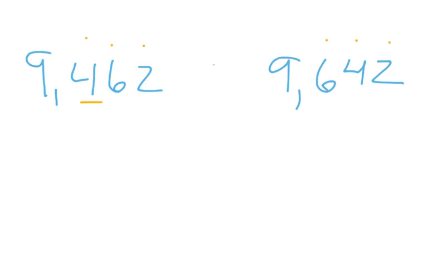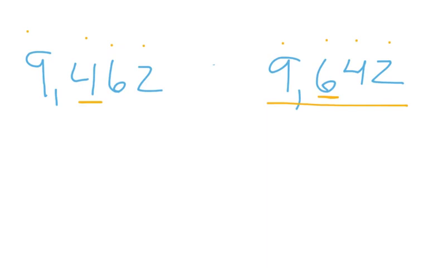The 9's are the same, and the thousands are the same, so actually, I would like to look at the highest number that is different. We're looking here at 9,462 or 9,642. Oh my goodness, which one is bigger?